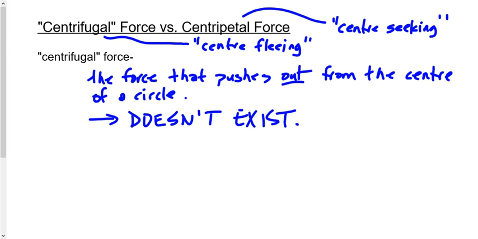Well, it's not really a force pushing you out at all. It's really just... Talked about this a little bit the other day, but kind of outside of this context, you might not remember it. It's really just your inertia. You want to go in a straight line.